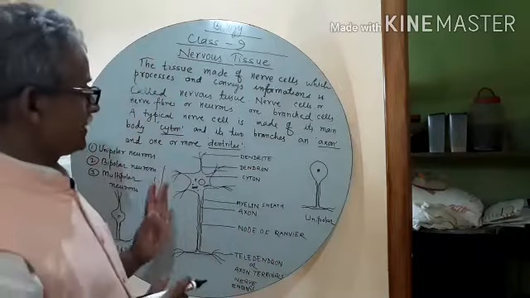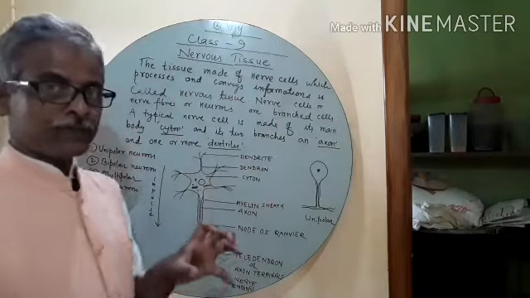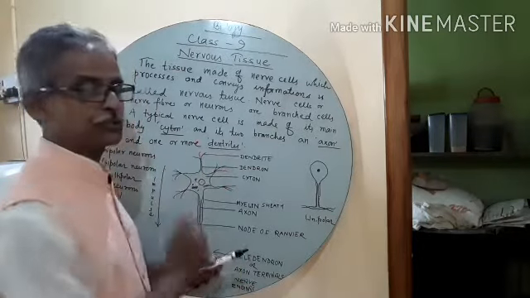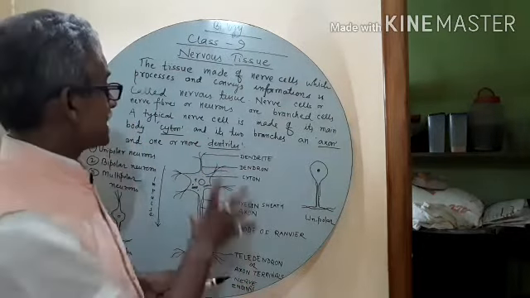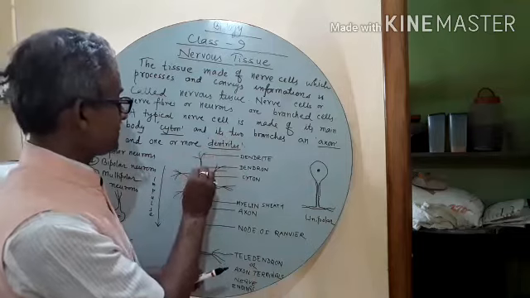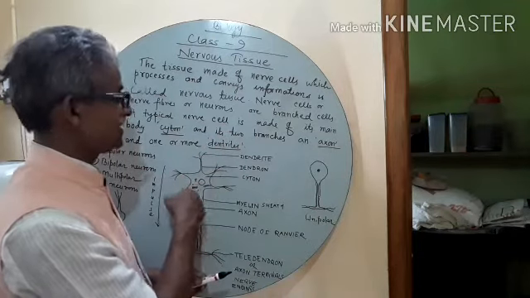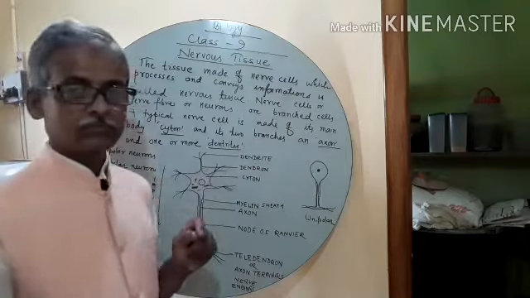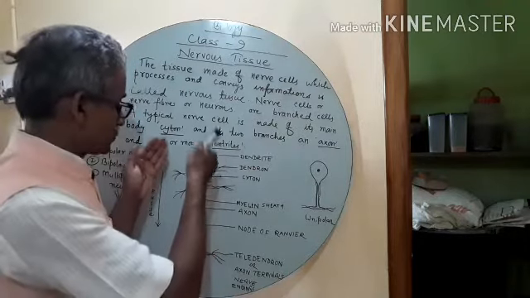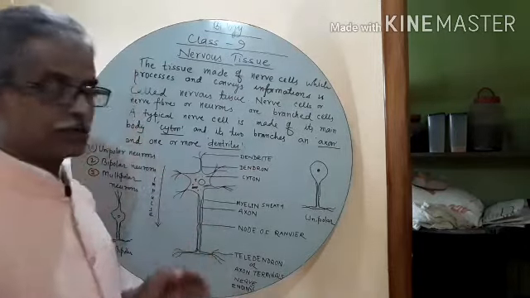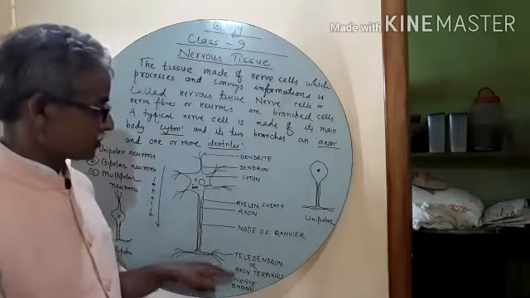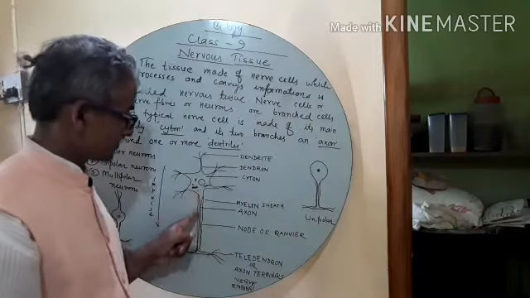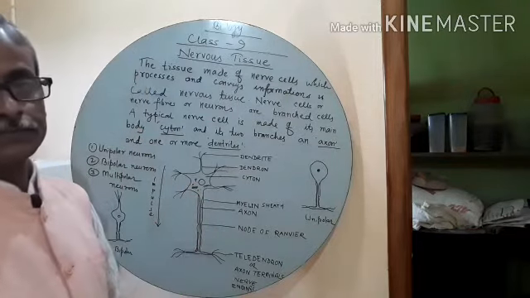In the same way, any information received by the dendrites changes into electricity in the cyton, and that moves forward towards the axon terminals in the form of electric impulse.